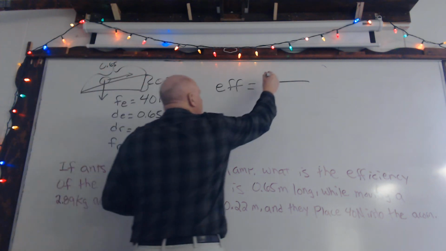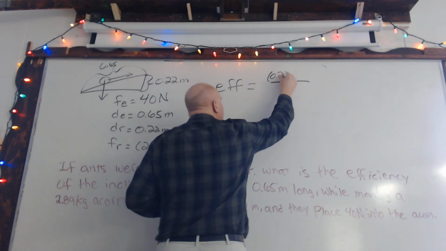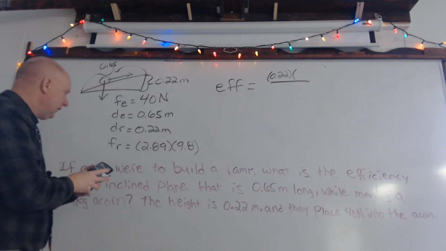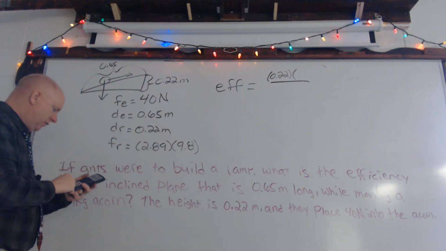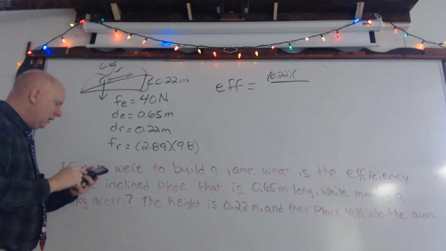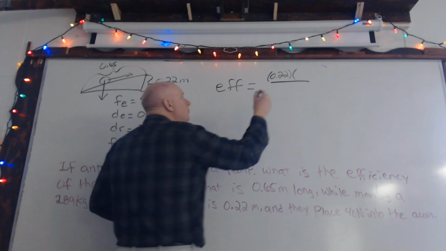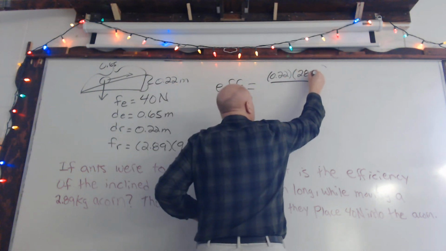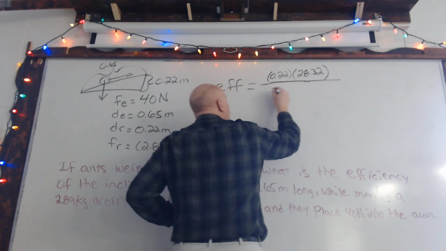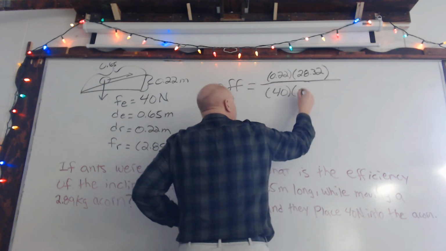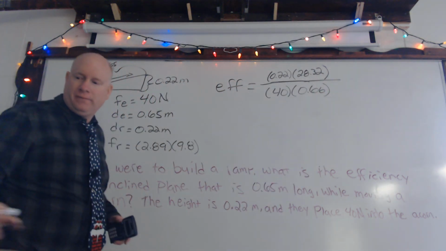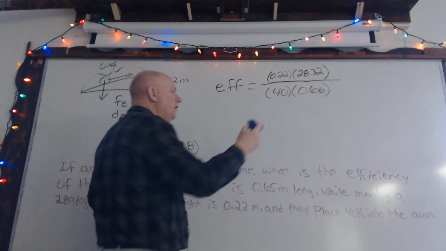So 0.22 times whatever that force is, which we take 9.8 times 2.89, and that gives us 28.32. And of course that's all over 40 times 0.65. Again, doing what the formula tells us to do.